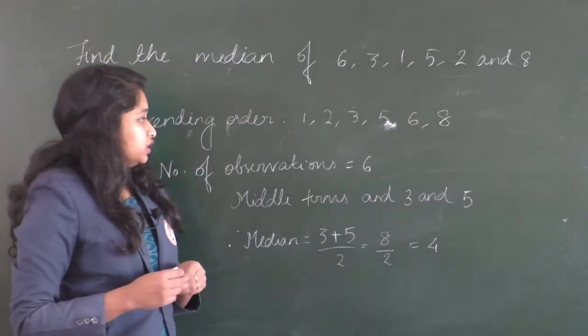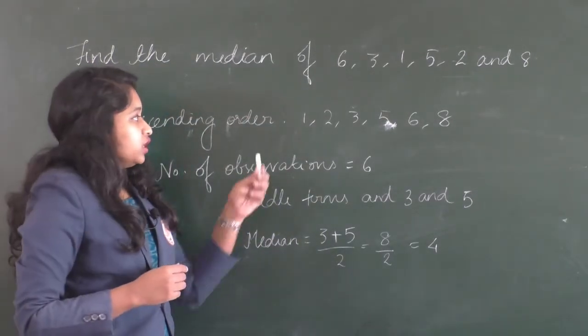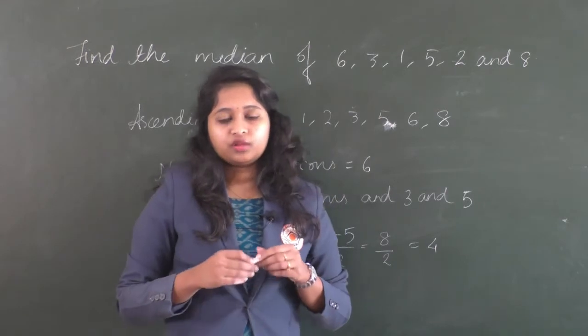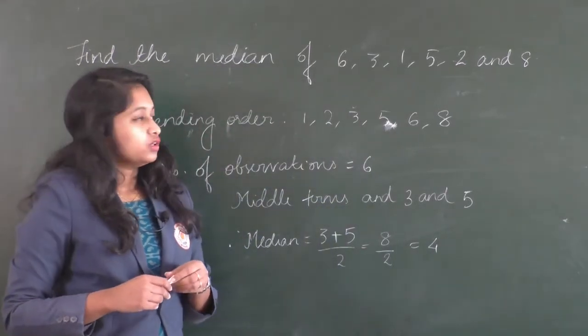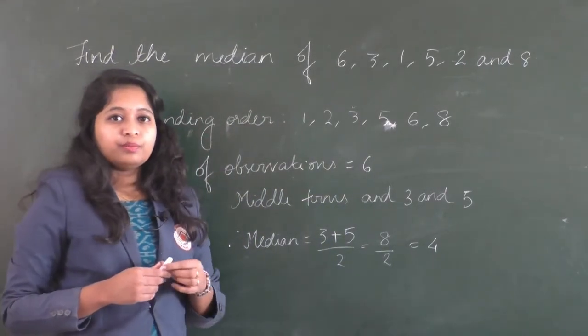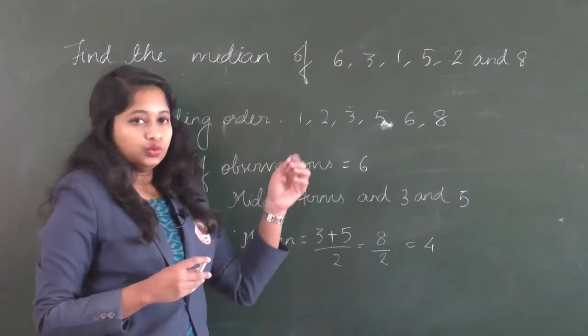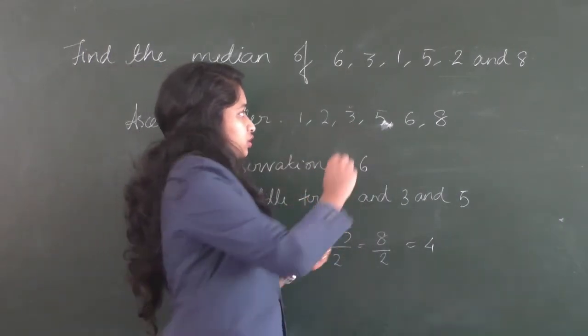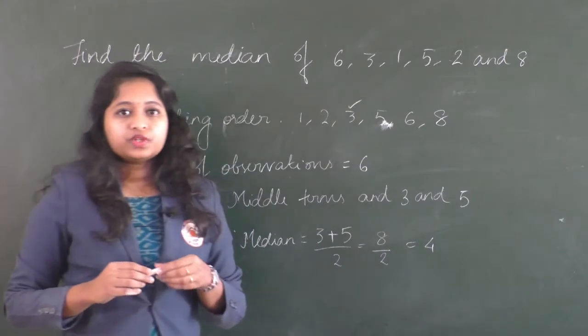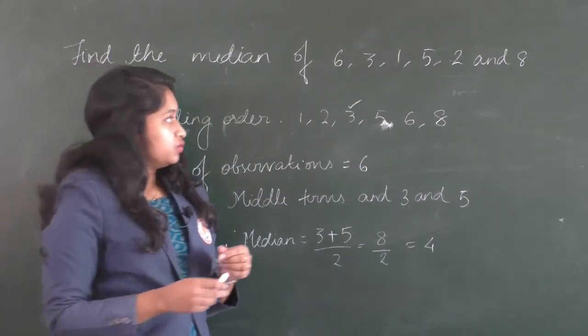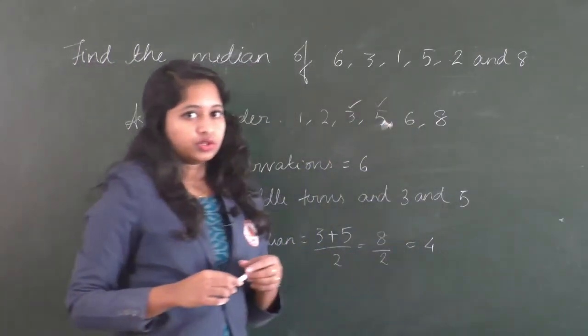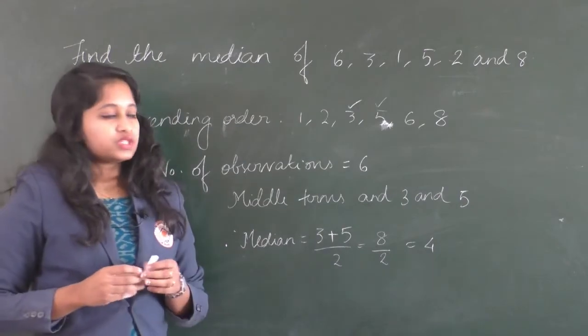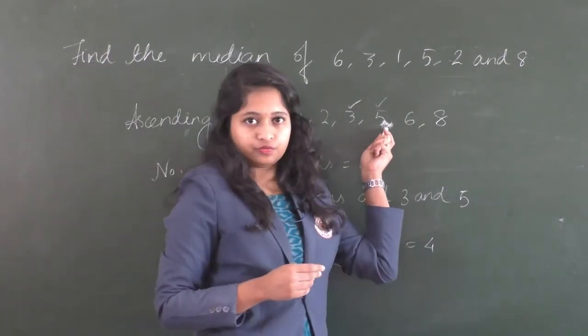Okay? So, here if you observe, the number of observations is 6, that means it is even. So, we have to find the n by 2th position, that is 6 by 2, which is 3rd position, and n by 2 plus 1, that means 3 plus 1, which is 4th position. Okay? So, the middle terms are 3 and 5.